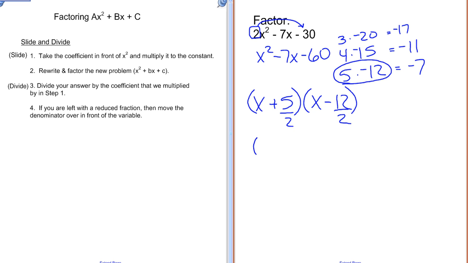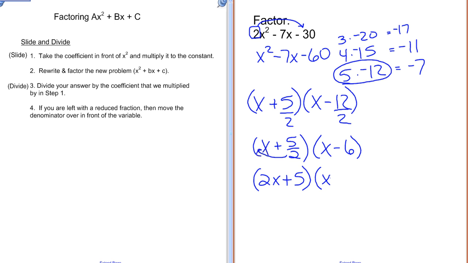So this gives me x plus 5 over 2 and x minus, and 12 divided by 2 would give me 6. And then to finish up, we take our denominator and we move it in front of our variable, and this gives me 2x plus 5 and x minus 6. And those are my factors.